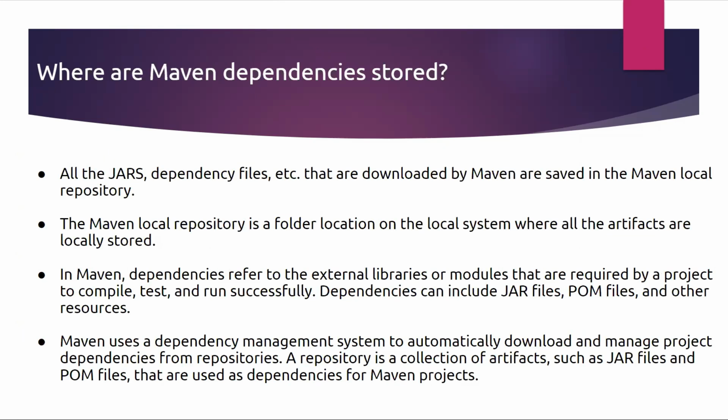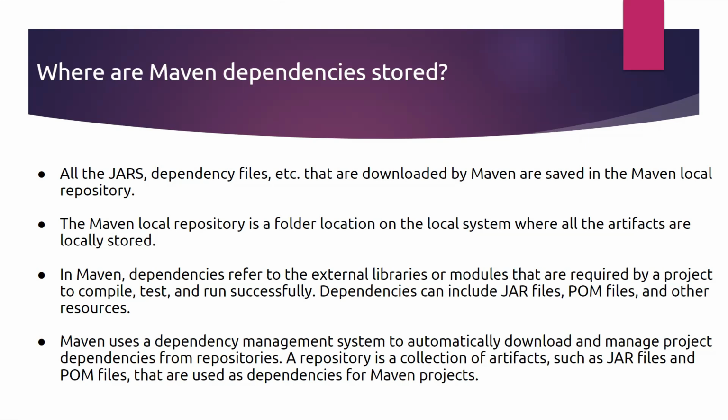Now, where are Maven dependencies stored? All the jar files and dependency files are downloaded by Maven and stored in the Maven local repository. The Maven local repository is a folder location on the local system where all the artifacts are locally stored. In Maven, dependencies refer to the external libraries or modules that are required by a project to compile, test, and run successfully.